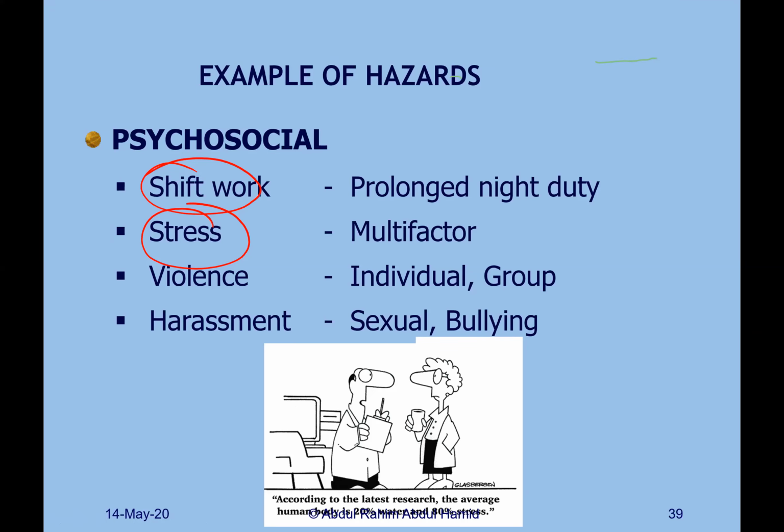And then not to forget about violence at the workplace, and harassment at the workplace. These are all psychosocial issues. Meaning to say, we do not want people who go to work very healthy and very happy, and after they go to work for years and years, at the end of the day they become depressed.